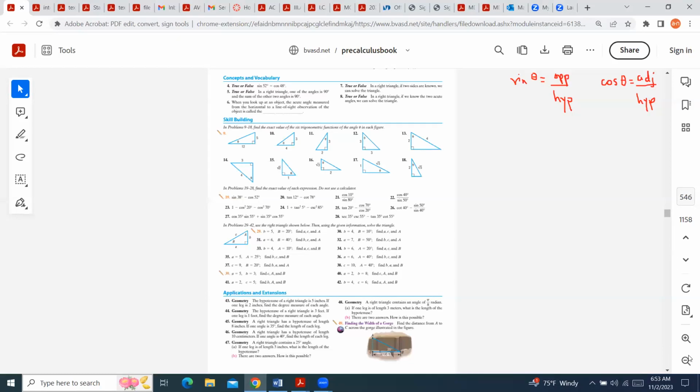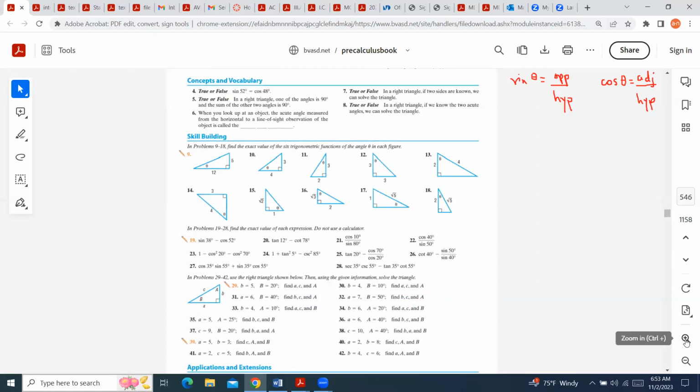So here's the exercises. And I'd like to do one that will utilize these formulas. So just pick one and do it. How about the exercise number 39 is asking for something.